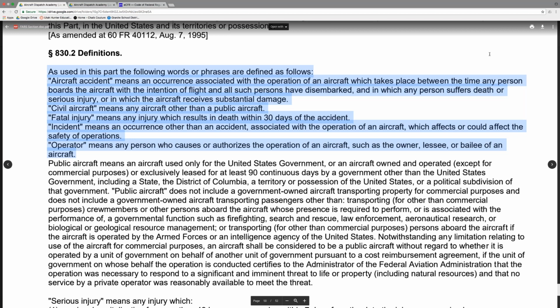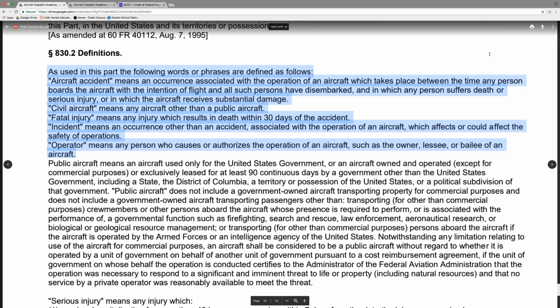As used in this part, the following words or phrases are defined as follows. Aircraft accident means an occurrence associated with the operation of an aircraft, which takes place between the time any person boards the aircraft with the intention of flight and all such persons have disembarked, and in which any person suffers death or serious injury, or in which the aircraft receives substantial damage. Civil aircraft means any aircraft other than a public aircraft.